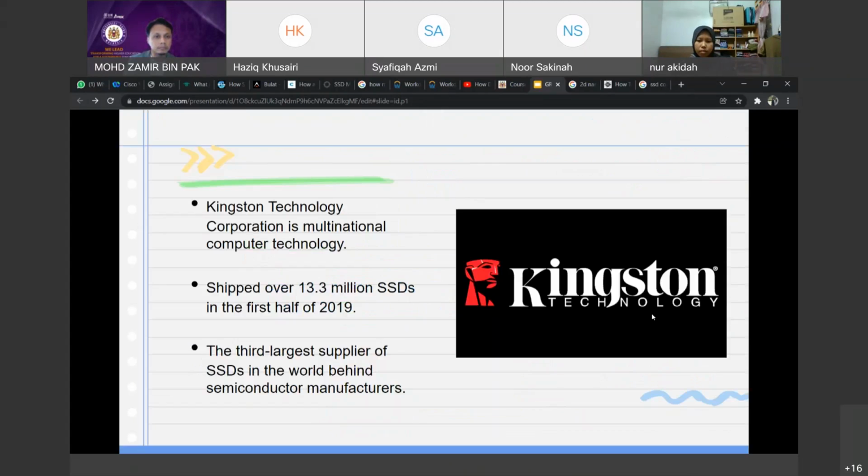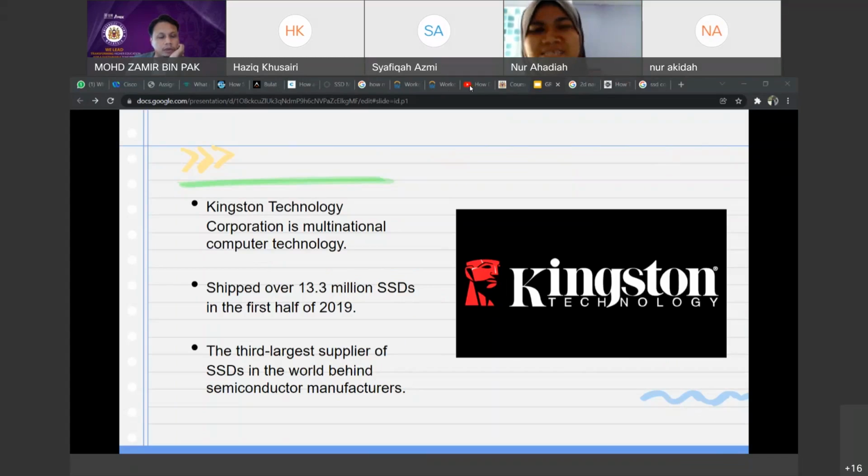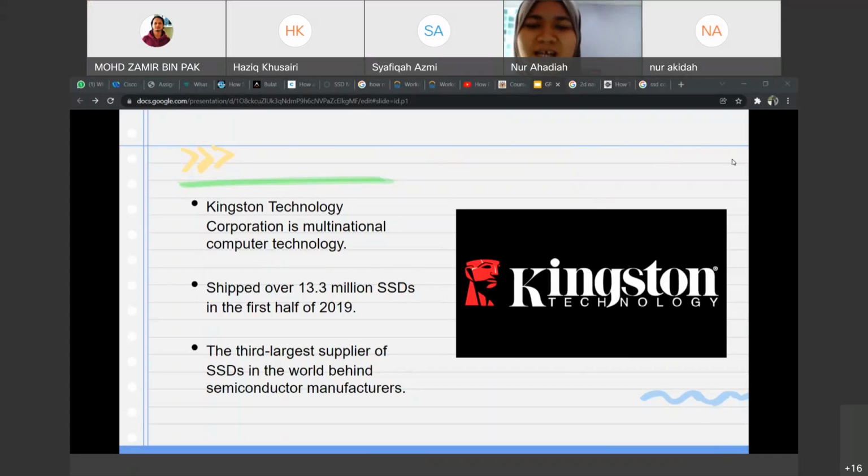Start for the manufacturers of SSD. Hadi, can you be a bit louder? I can hear you, but not so clearly. Oh, I think it's breaking. Can we turn off our videos for a while? Oh, I can't hear.